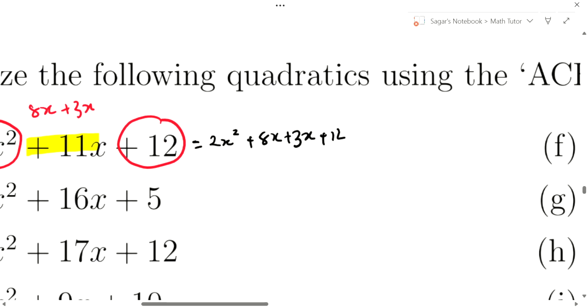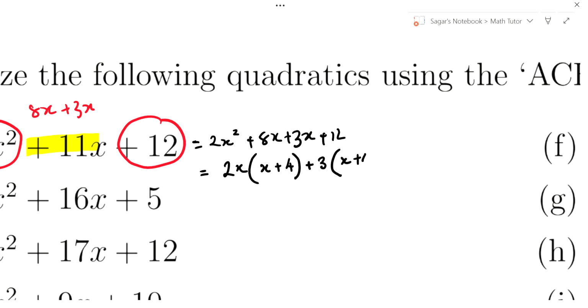Now, in our previous video, we did factorization using common pairs, and we have to do the same thing here as well. So we see that 2x is common. We're left with x plus 4 plus 3 open brackets x plus 4.